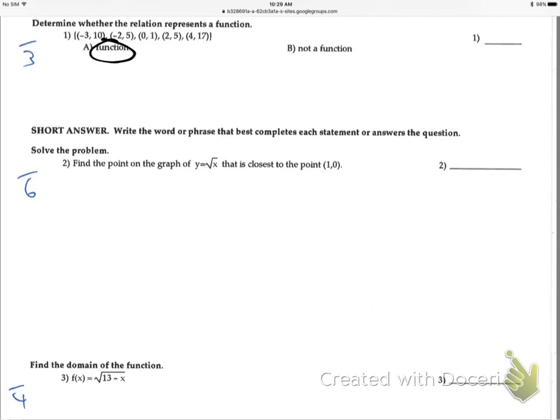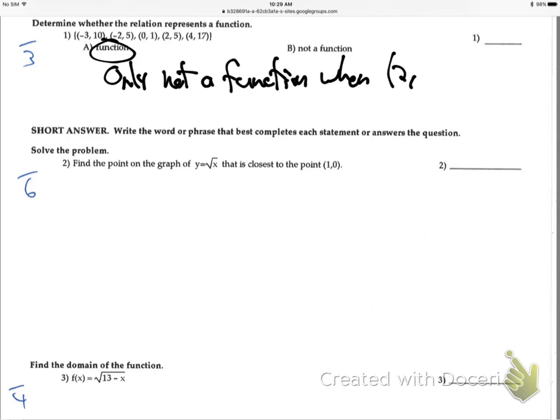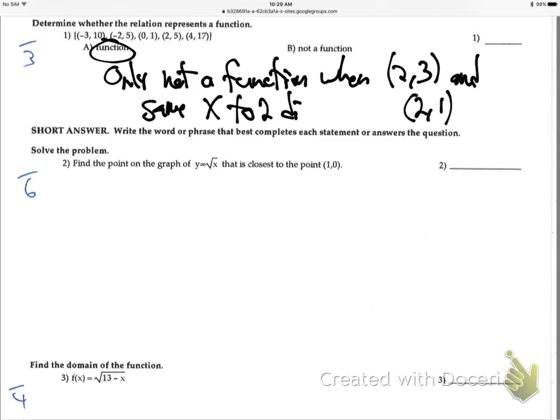This one is a function. It's only not a function when you have something like, say, (2, 3) and (2, 1), right? When the same x goes to 2 different y's.